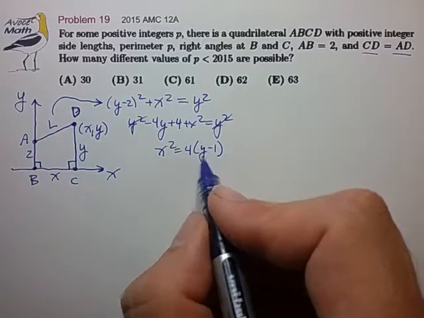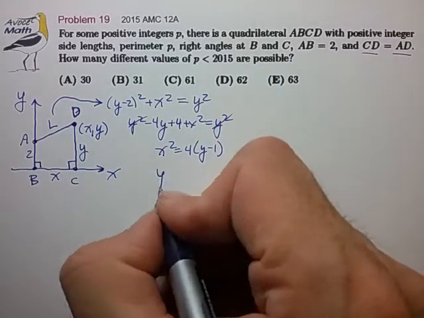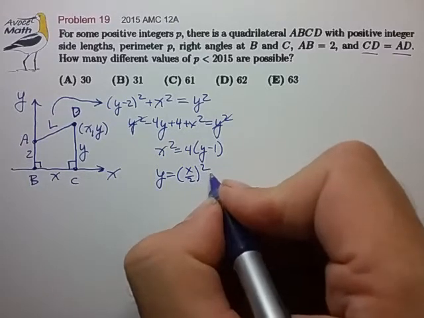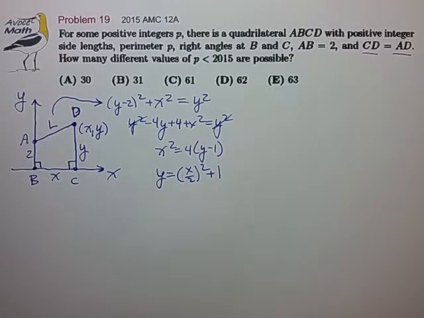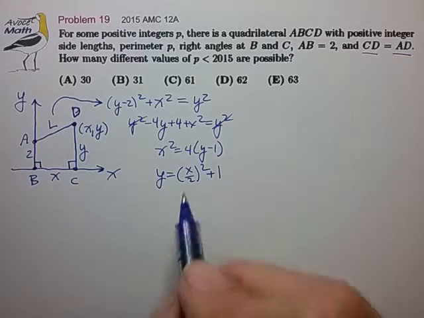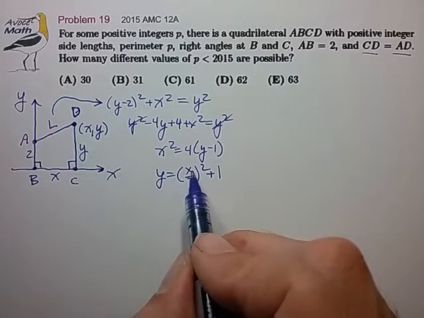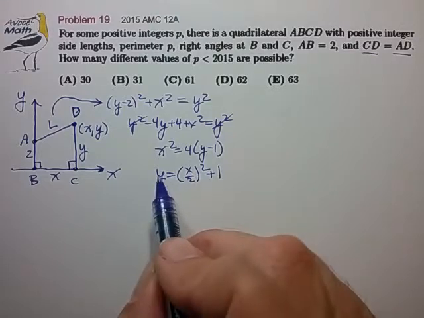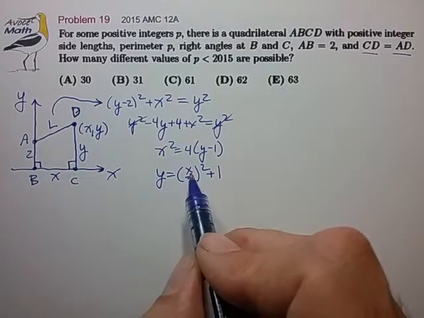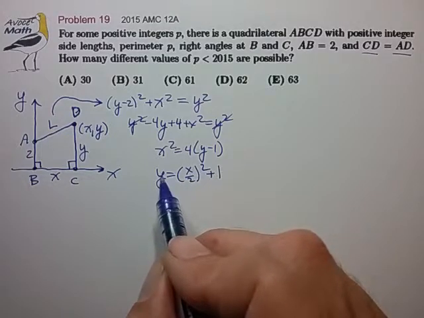And let's see, we can write y in terms of x now as (x over 2) squared plus 1. So now we get some insights as to how we can choose x and y. It looks like an integer value of x isn't quite good enough to make an integer value of y, but an even value of x is good enough to make an integer value of y.